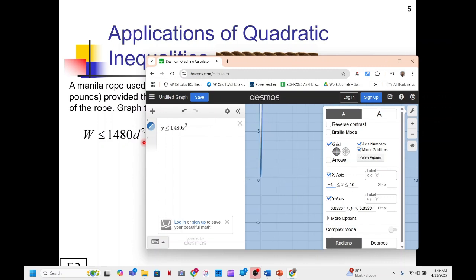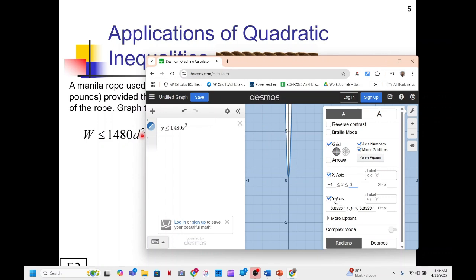So I'm going to go from -1. I mean, I don't really need negative diameters anyway. What does that even mean? And then we'll just go to, I don't know, let's go to +3. Right? This is going pretty steep. So now we can see a little bit more of our parabola. Now, since this is so steep, we can also adjust our y-axis scale.